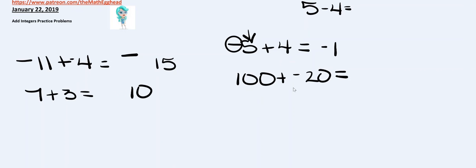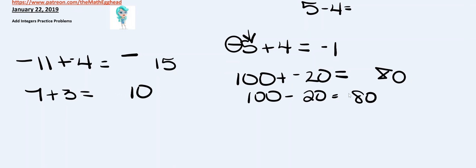Here, 100 plus negative 20, what's the difference? Well, we know that it's 80 because it's 100 minus 20, that's 80. And we keep the sign of the higher number. The negative belongs to the 20 and the 100 is positive. 100 is the bigger number, so we know it's a positive 80.